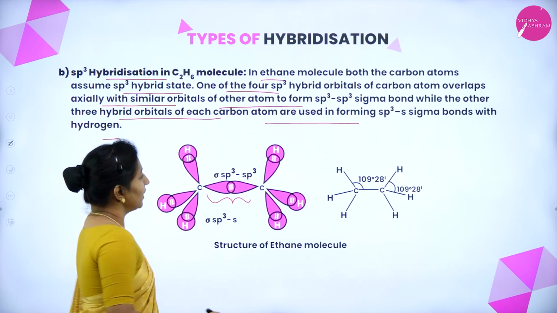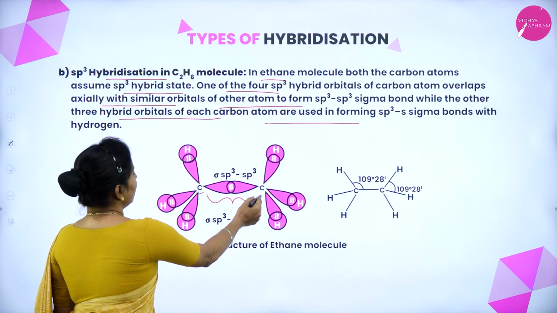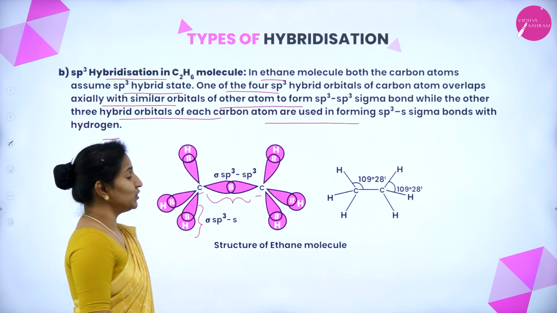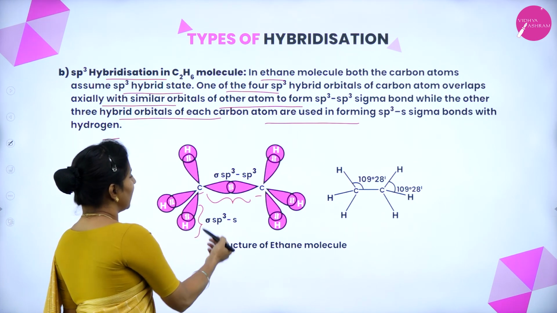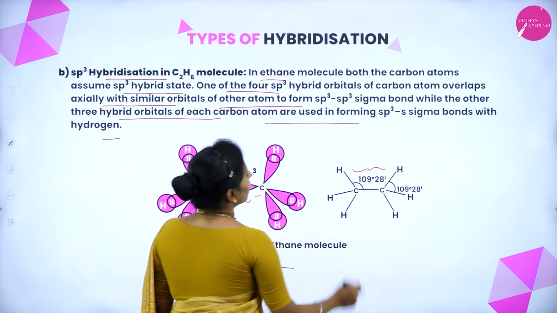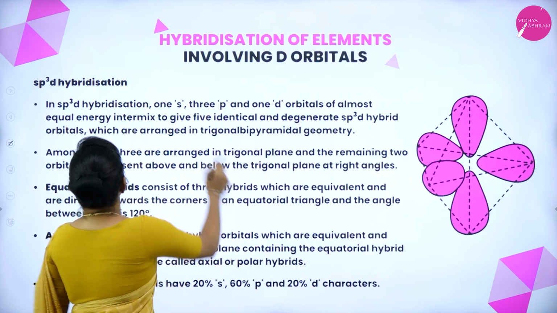This is the sp3-sp3 overlap between carbon and carbon. This is the sp3-s overlap between carbon and hydrogen. Here also it shows a 109 degree 28 minutes bond angle.